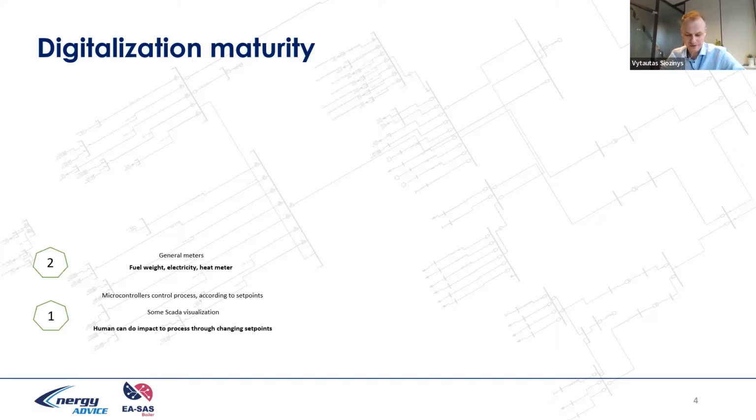A higher maturity of digitalization would be adding general meters, for example fuel weight, electricity and heat meters. The next maturity level would be multi-variable control, with quite sophisticated PID controllers, where most of the time humans do not impact the control.